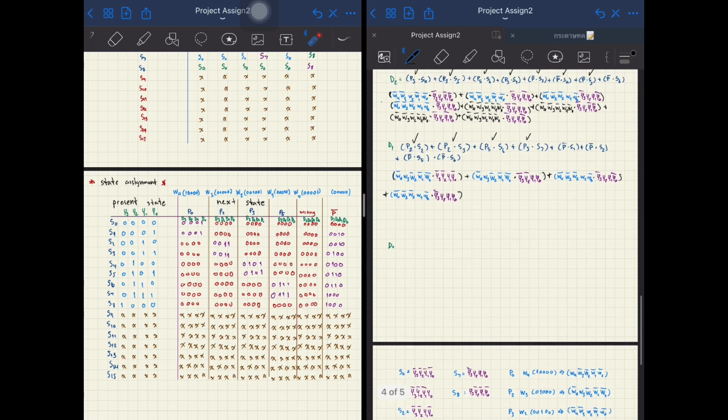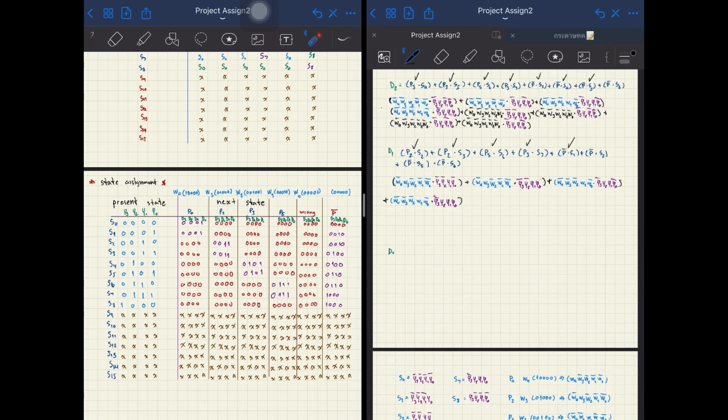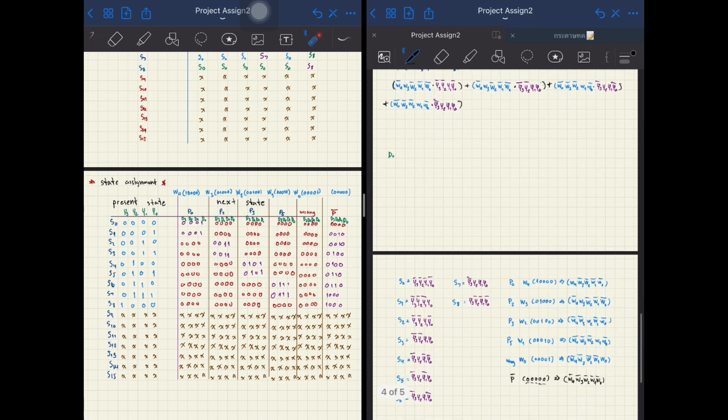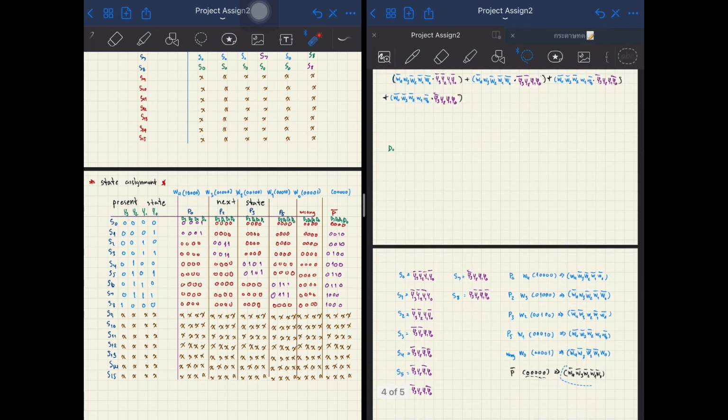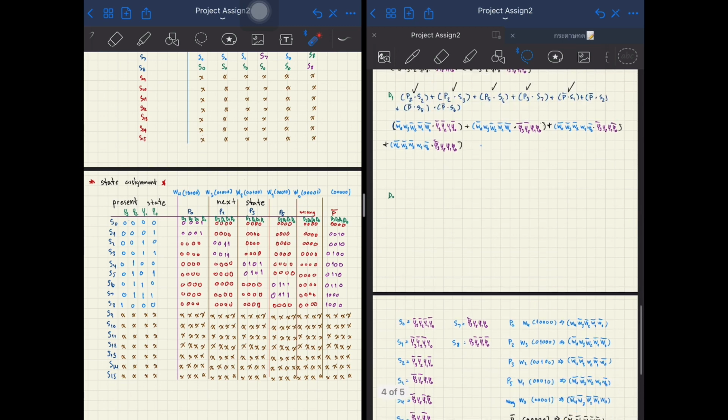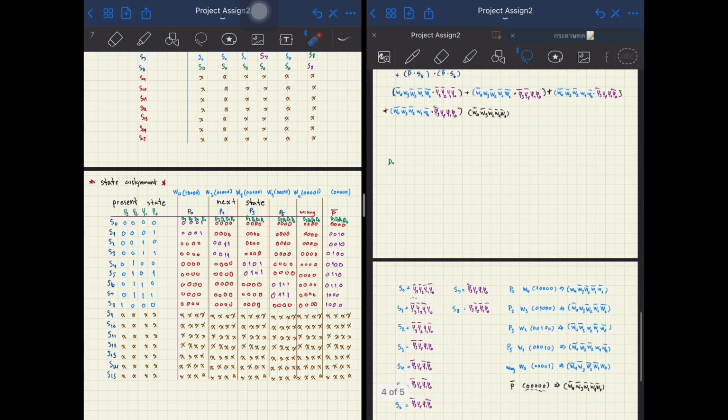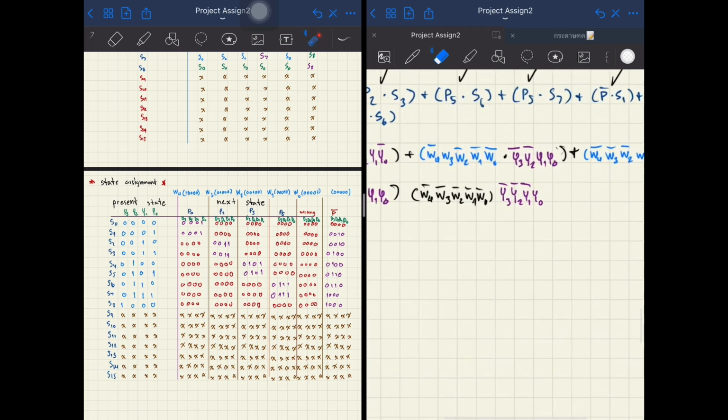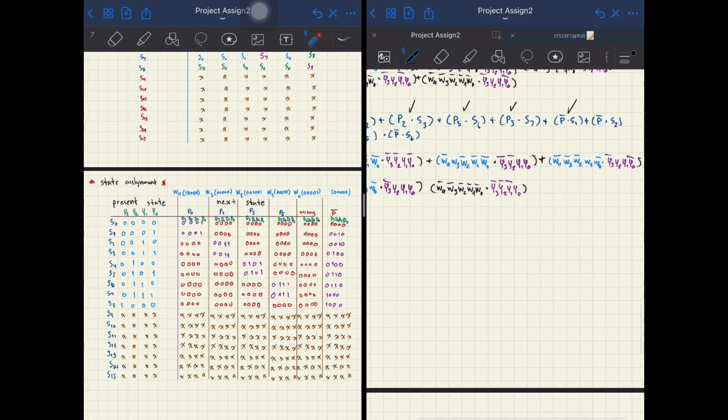Okay, we move to not place and with S1, state 1. Not place is here, state 1, and together then or, we check already.